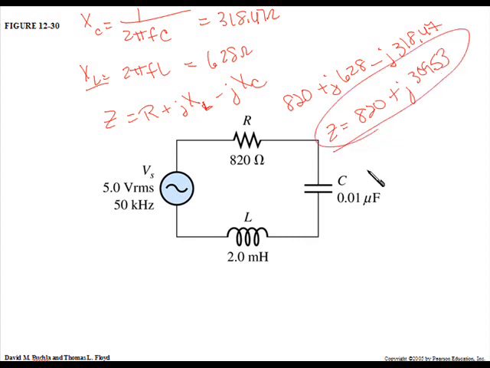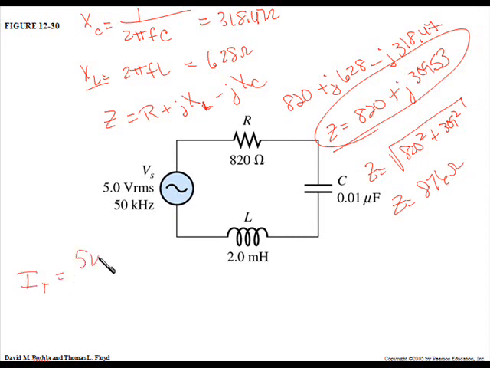You convert to polar, so it's 820 squared plus 309 squared, square root, is 876. Then current will be equal to 5 volts divided by 876, which comes out to 5.7 milliamps.